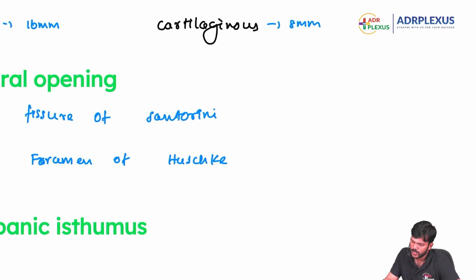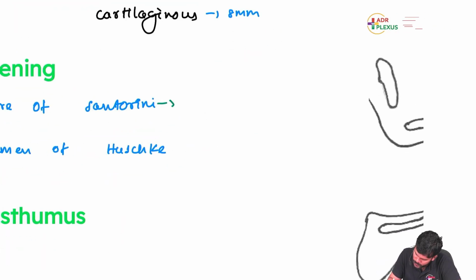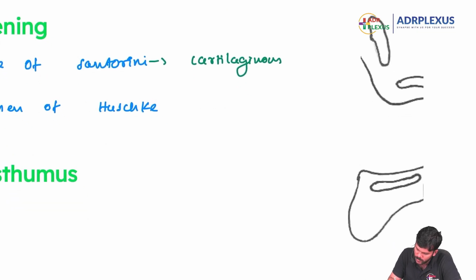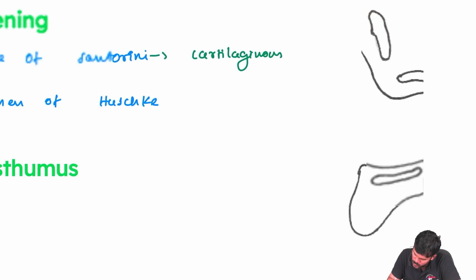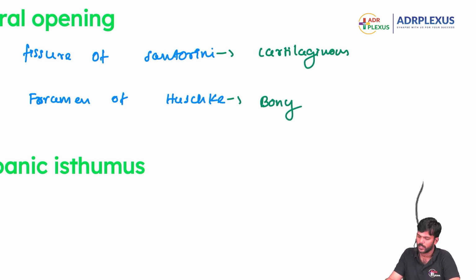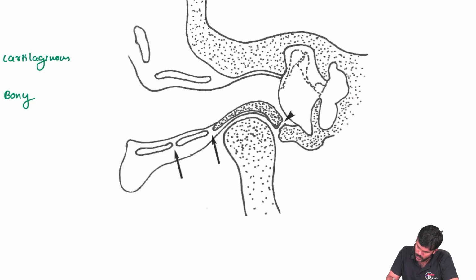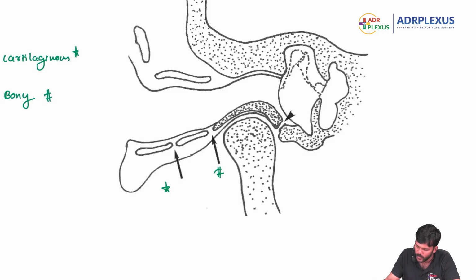The fissure of Santorini is present over the cartilaginous part. The foramen of Huschke is present over the bony part. Can you see over here? This is Santorini. This is Huschke. Okay.